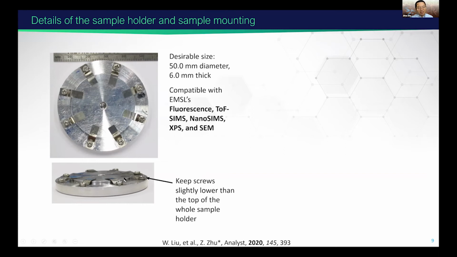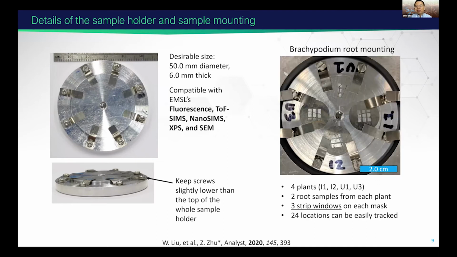This is very important because some microscope techniques, for example fluorescence, TOF-SIMS, and NanoSIMS, have a very short working distance. So to analyze this root sample, we need to make sure the sample is at the right height and compatible with the short working distance of the different microscopes.